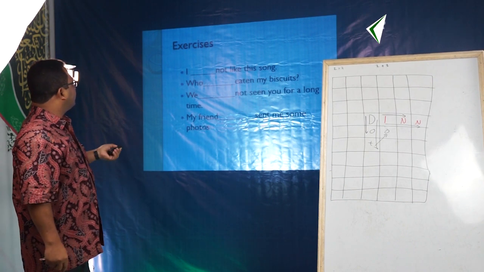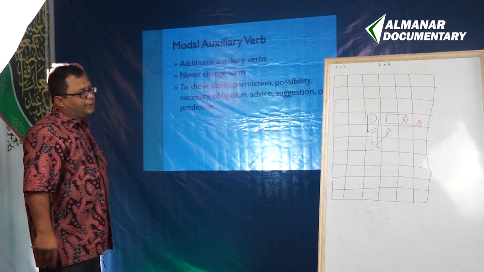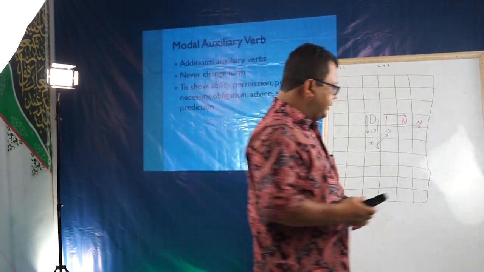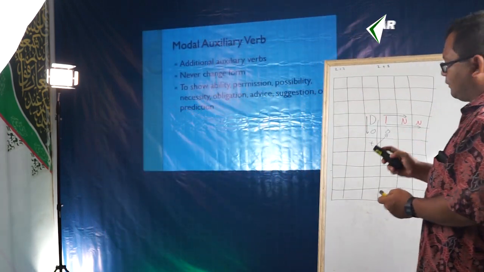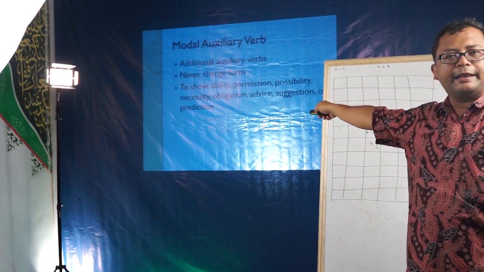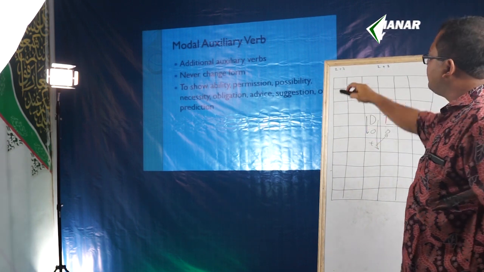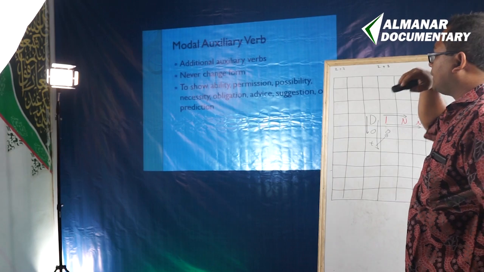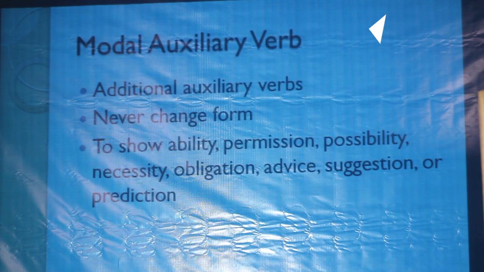Now let's go on with our lesson. Now we have not only main auxiliary verbs, but we also have modal auxiliary verbs. What is the difference between modal and main auxiliary? So look, it is an additional auxiliary verb. It's part of the auxiliary verbs, but it never changes form.